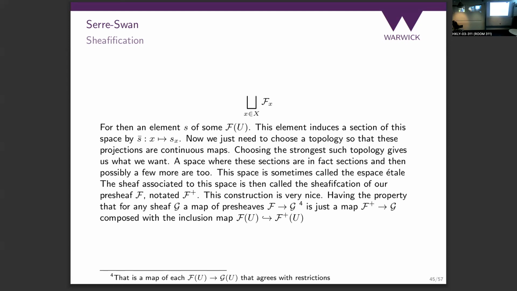And so we just take the topological space that has the property that these are all continuous maps, right? That means that this is now a sheaf. We've got a natural map from our original pre-sheaf to this sheaf, by sending S to S bar, which is now continuous. We made the topology such that it is continuous.